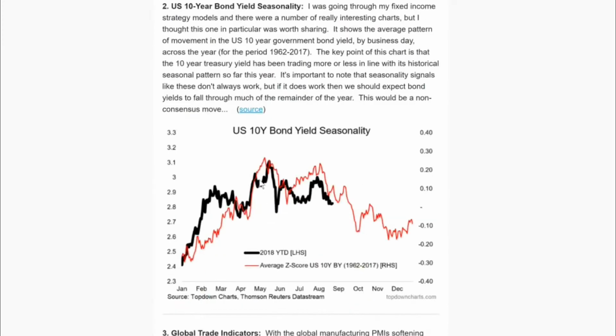And on a very similar note here, we've got the US 10-year bond yield seasonality. The red line here is the average movement in yields by business day across the year. What I've done is take the z-score of the yield within each year across that period.